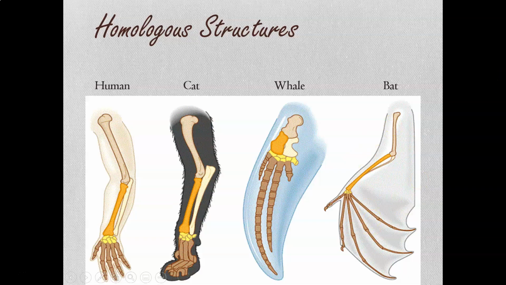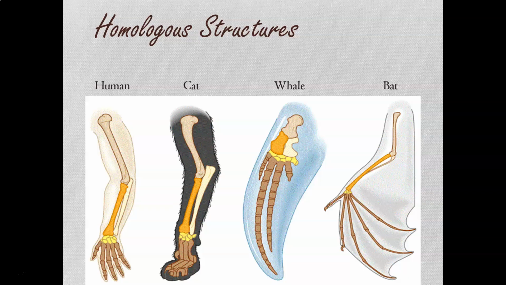So the function is not necessarily identical, but the development and the basic underlying anatomy of these structures is very much the same. So this gives us some indication as to the fact that we all, as these different species, must have shared a common ancestor at some point that had the same forelimb structure.